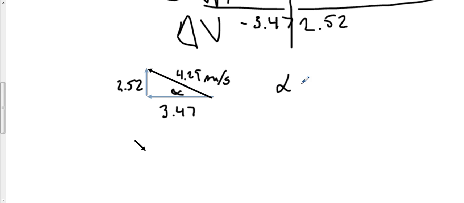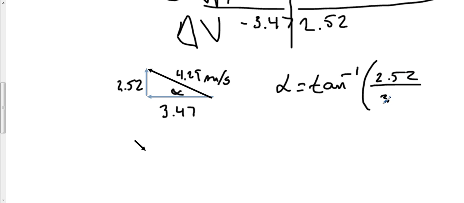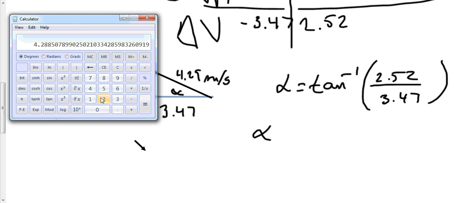The tangent of that angle is 2.52 over 3.47, so the angle itself is the inverse tan of 2.52 divided by 3.47.